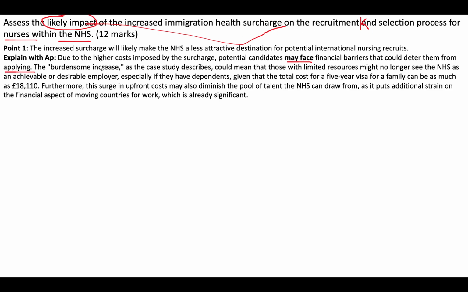The burdensome increase quoted from the case study could mean that those with limited resources might no longer see the NHS as an achievable or desirable employer, especially if they have dependents from the case study, given that the total cost for a 5-year visa for a family can be as much as £18,110. Okay, so this is an impact, and the impact is they might be a less desirable employer.